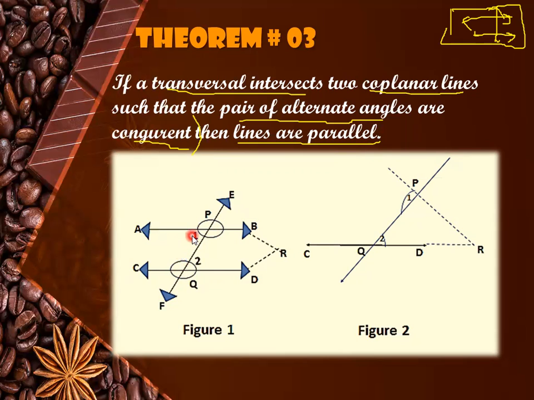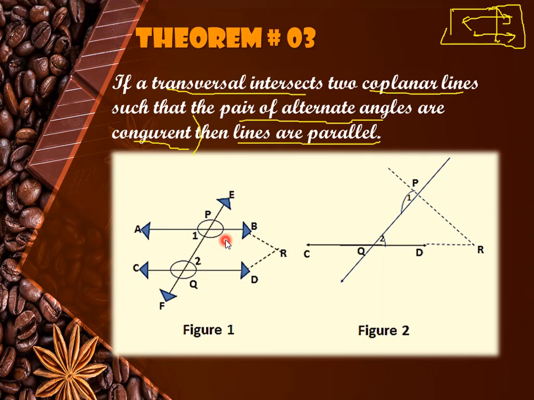Also, they lie on opposite sides of the transversal, so you say these angles are alternate angles. Similarly, this angle and this angle are also alternate angles. So what are alternate angles? First of all, they are interior angles and they lie on the opposite sides of the transversal.